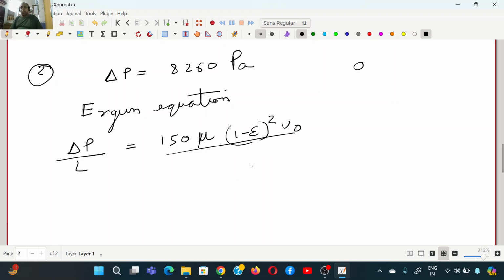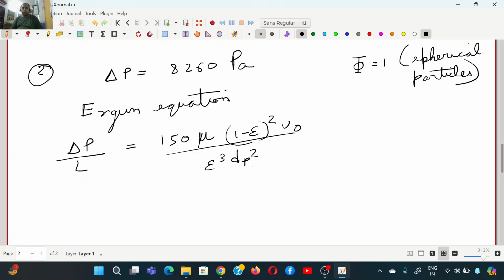We'll assume they are spherical, so sphericity will be 1, because sphericity also comes in the Ergun equation. We take it as 1 and ignore it, so the Ergun equation just reduces to this.